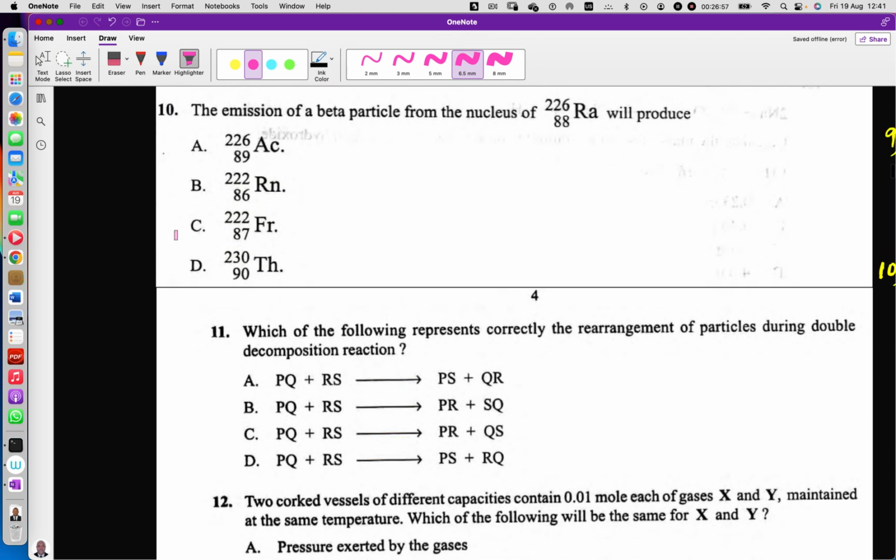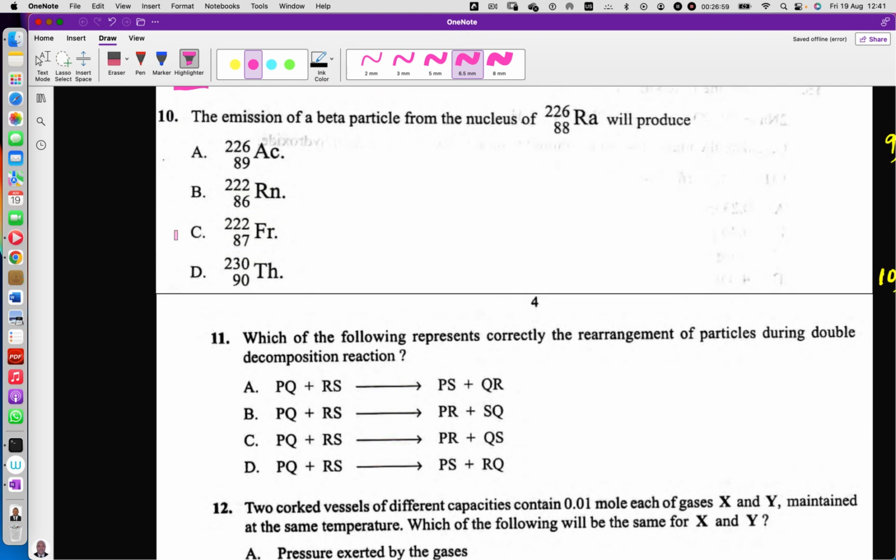We go to 10. The emission of a beta particle from the nucleus of a radium, with mass number 226 and atomic number 88, will produce A, B, C, or D. Okay, what does a beta particle contain?